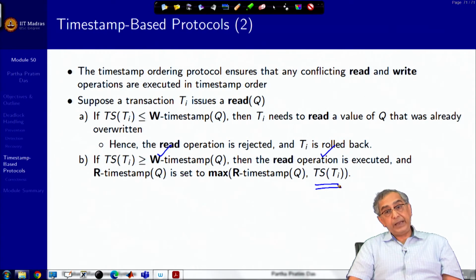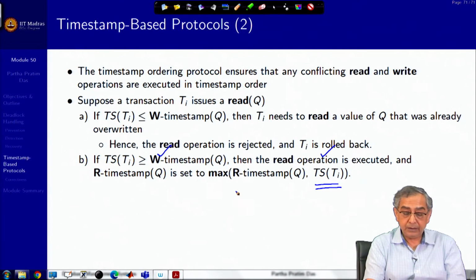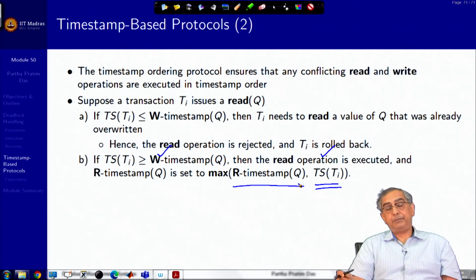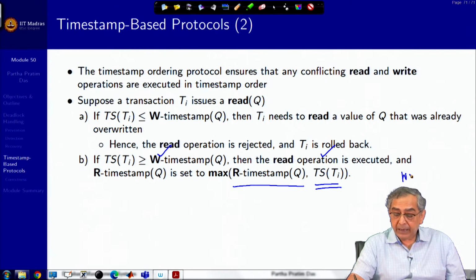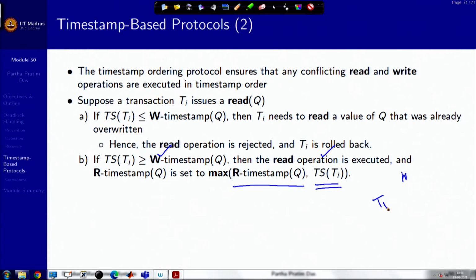So, it is possible that it has a read timestamp which is higher, which means that it was a write, then you had TI, then you had read. So, when it does that, it will take the maximum of these two. This is your protocol to read.